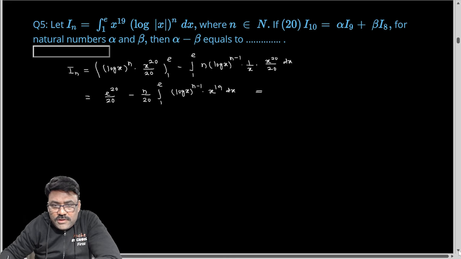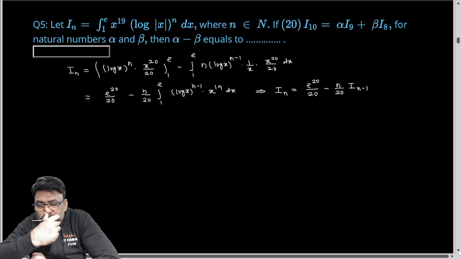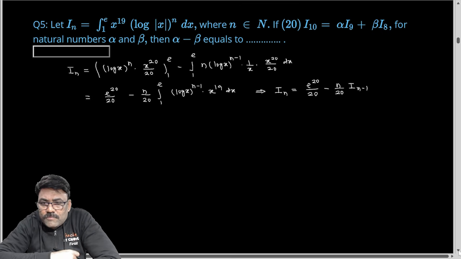So now you can see that I_n is e raised to 20 by 20 minus n by 20 times I_(n minus 1). This integral is now I_(n minus 1). So I_n is e raised to 20 by 20 minus n by 20 I_(n minus 1), right?